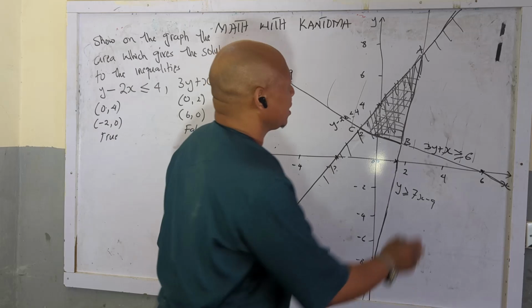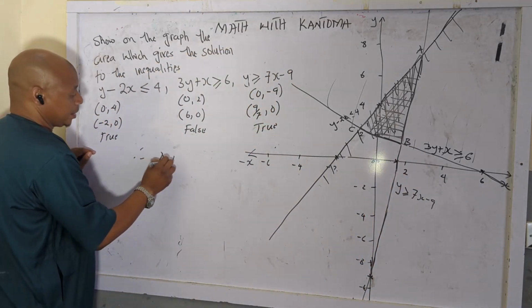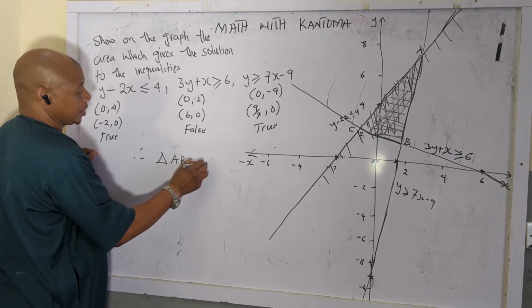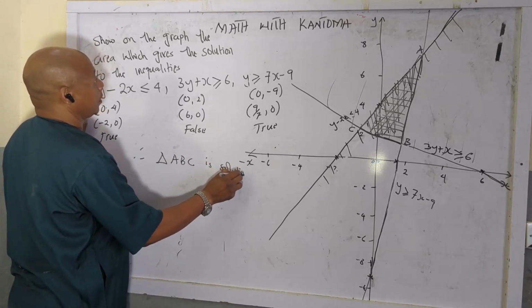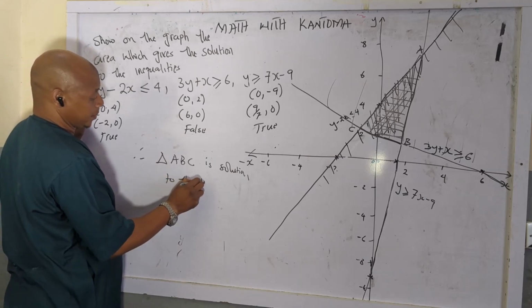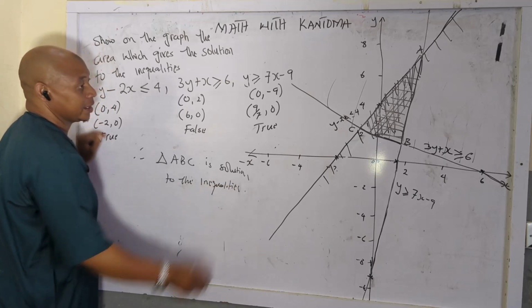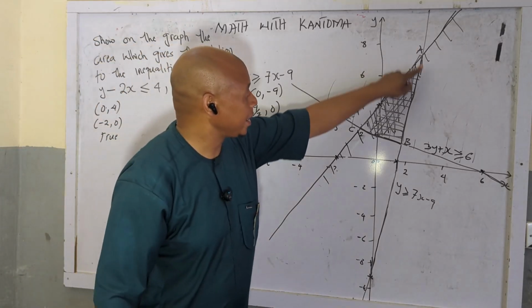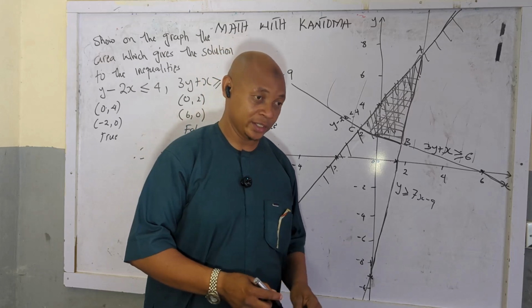So now, therefore, triangle ABC is a solution to the inequalities. Triangle ABC, meaning this triangle ABC is now the solution to these inequalities.